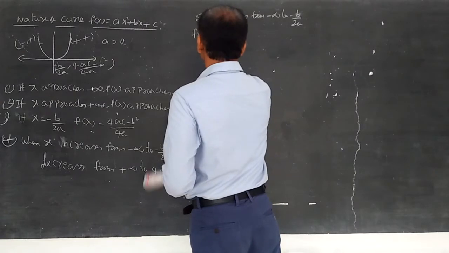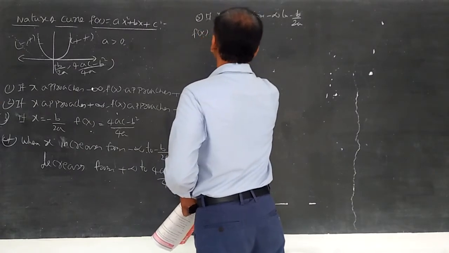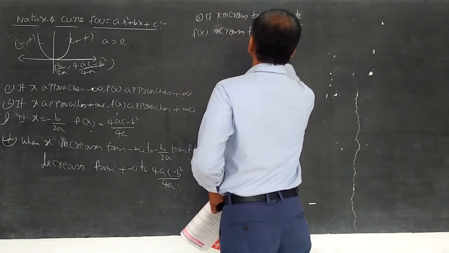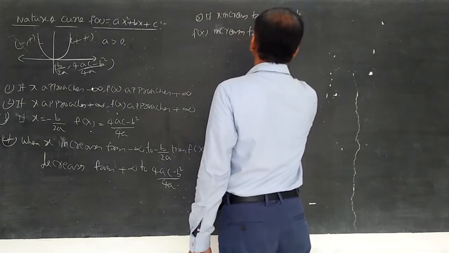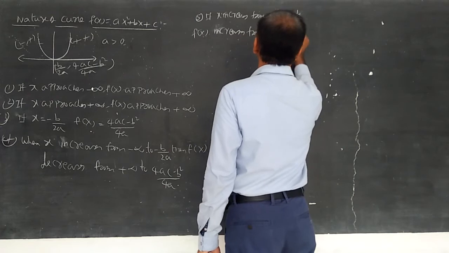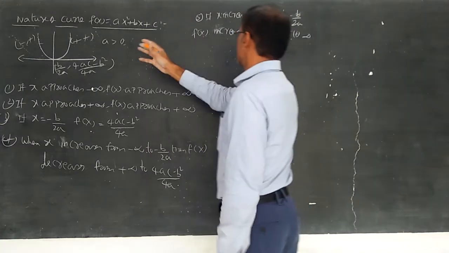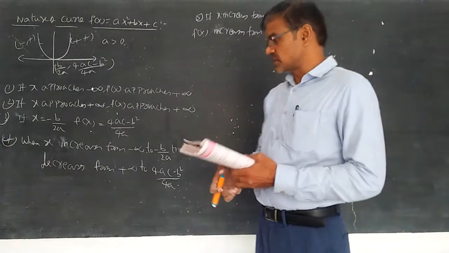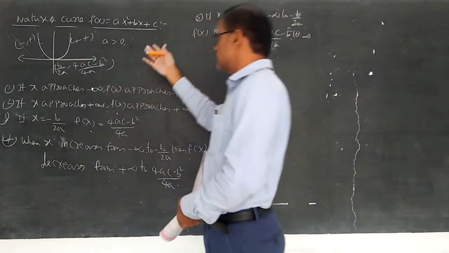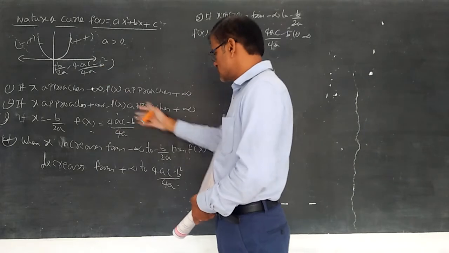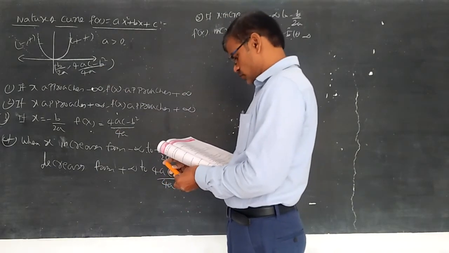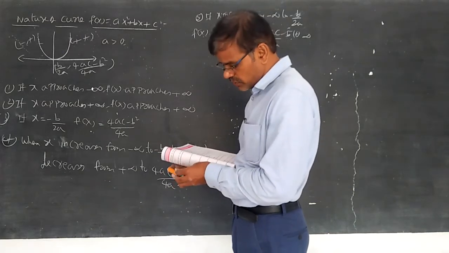F of x increases from (4ac minus b square) by 4a to infinity. This side plus. For increases, we can use the increase concept, and for this one also, minus 2 plus, increases. This value will be increasing from (4ac minus b square) by 4a to plus infinity.